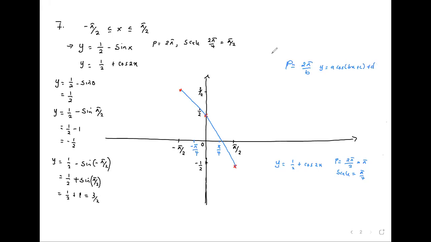So a cos bx plus c plus d, meaning that the b is always that thing which is multiplying the x. So if you have 2x, the b is 2. If you have just x, the b is 1.